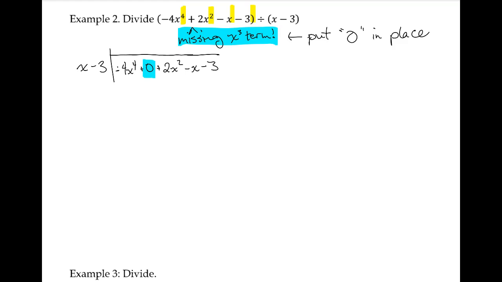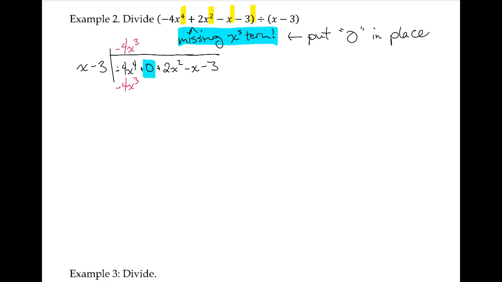Okay, so now we dive in and we're like, okay, well, x needs to turn into negative 4x to the power of 4. So we need the negative 4 because that's non-existent over here. And we need 3 more x's, so x cubed. And that gets me negative 4x cubed.